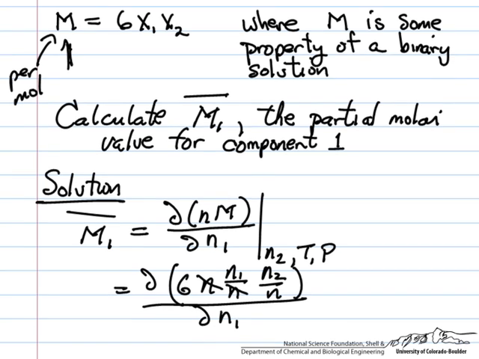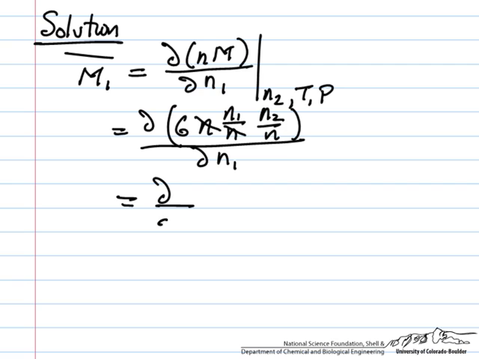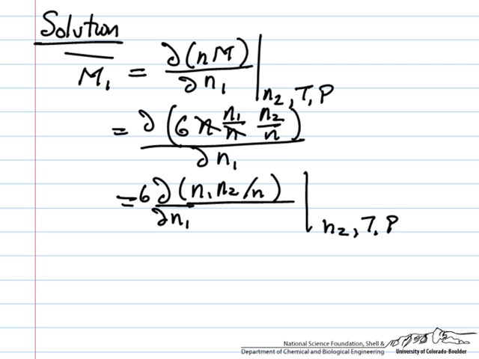Just to make clear what we're taking the partial derivative of, I'll bring the 6 out front. It's n1 times n2 divided by n. And I won't write every time, but remember we're keeping n2 constant, keeping temperature constant, and keeping pressure constant.